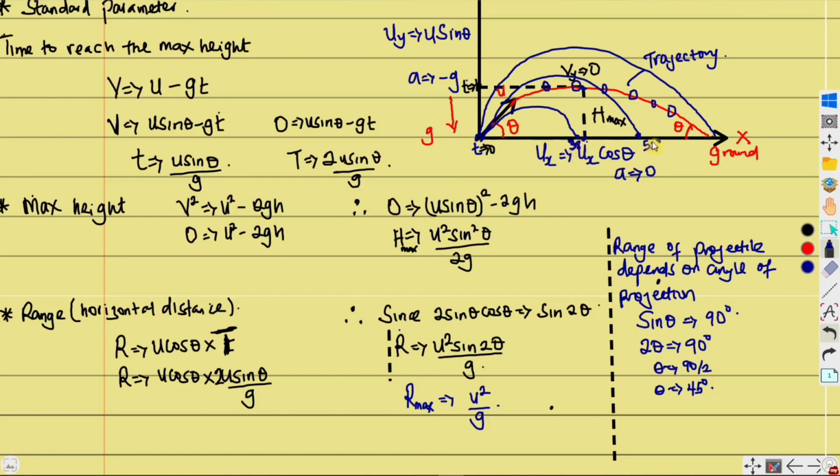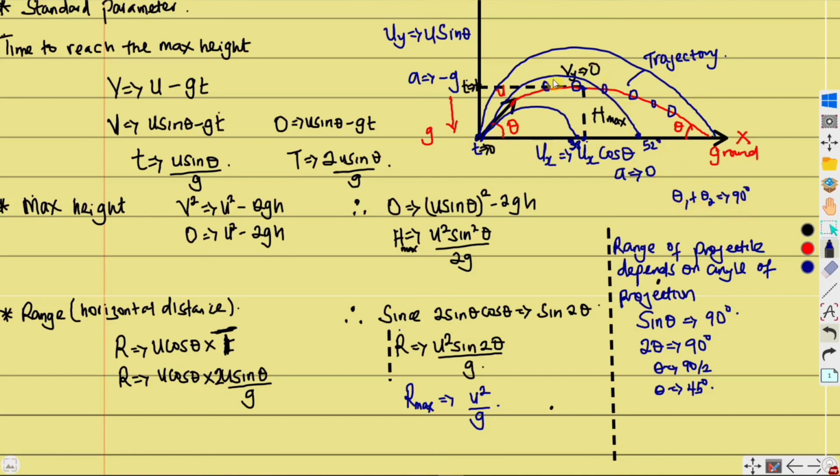So theta 1 plus theta 2 is equal to 90 degrees. If I have an angle of 52 and an angle of 38, adding them together gives me 90 degrees.